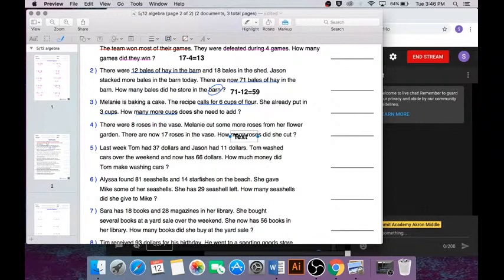So if we're starting with 6 in total, and we take away the 3 cups we already put in, that means we need 3 more cups flour in her cake.